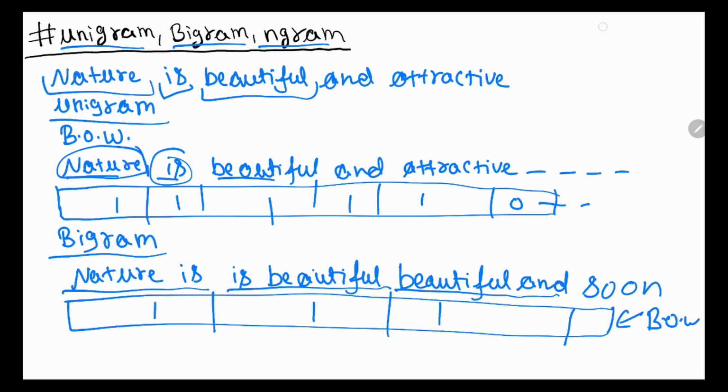Similarly we have ngram in general. Ngram says in general take n words at a time. Let's say we have seven words in a sentence and we are constructing the 5 gram.